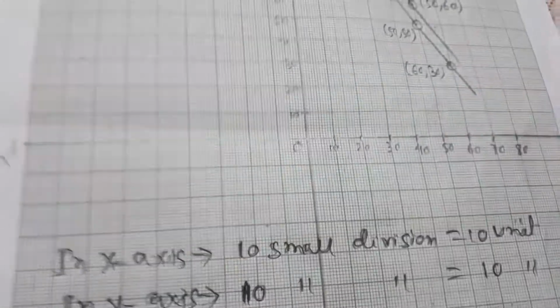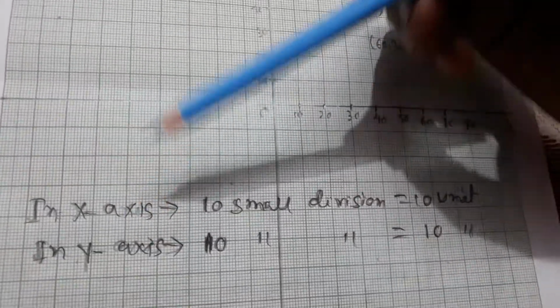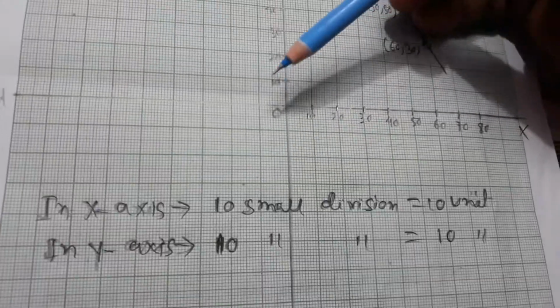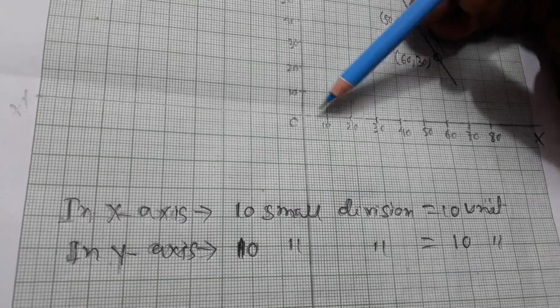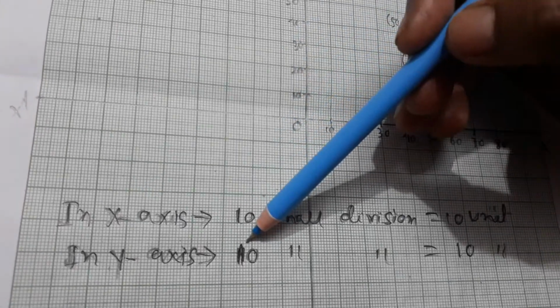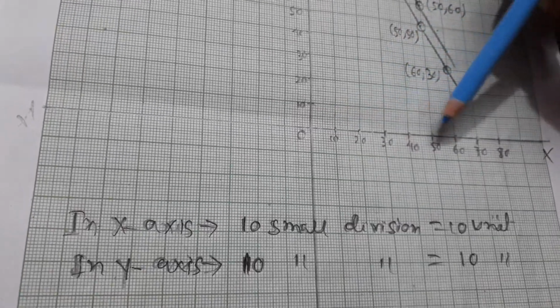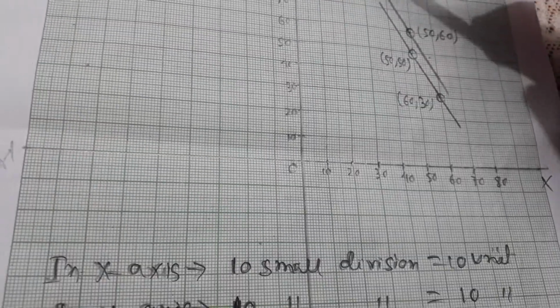At first you draw two lines, the x-axis and y-axis, and on the x-axis I have taken 10 small divisions equal to 10 units. Look at the figure. On the y-axis also the same. Now note down 10, 20, 30, 40 on both axes. Now draw the graph.